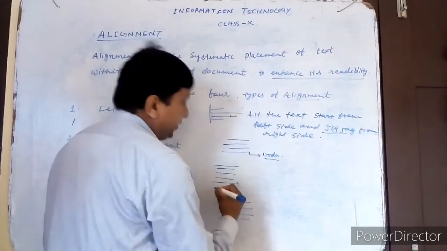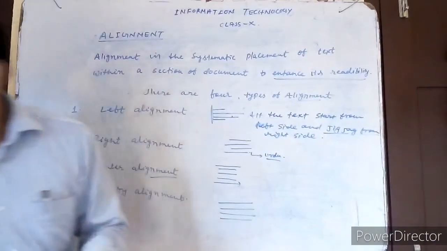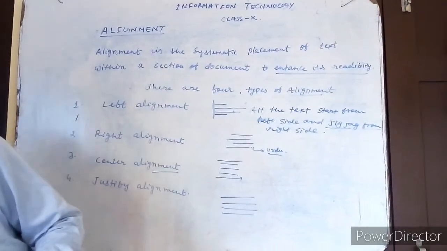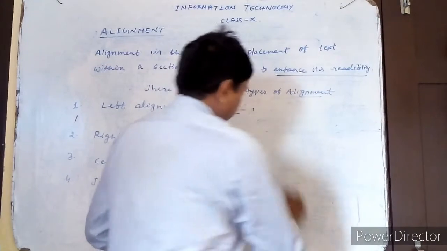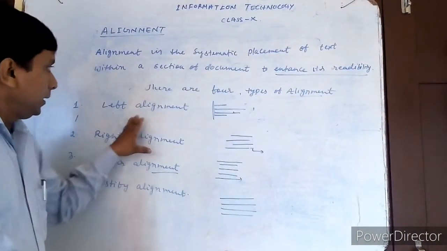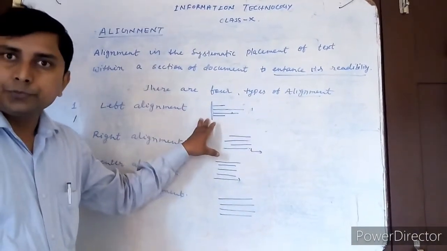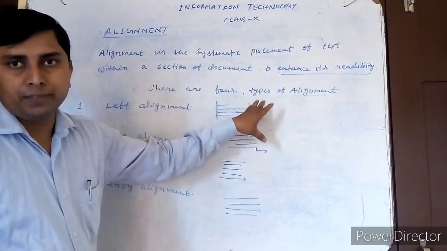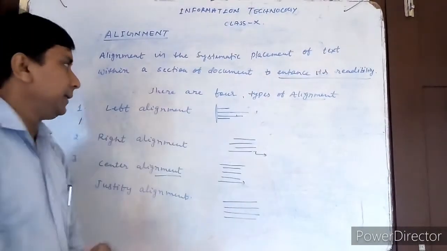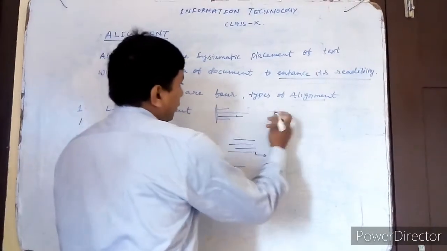And now see the shortcut of each alignment. We can apply these from the paragraph toolbar, and also by shortcut.